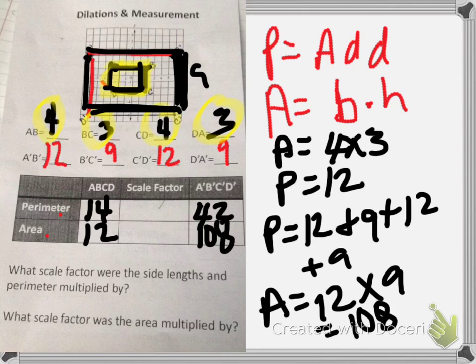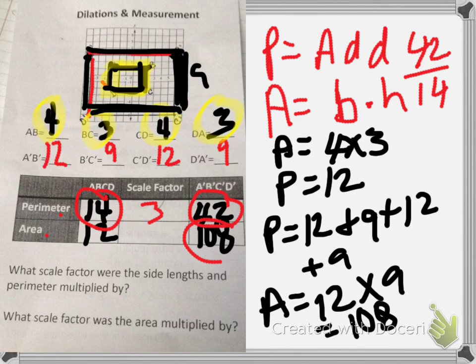Now to get the scale factor, you always take the new and you divide it by the original. So 42 divided by 14 equals 3. Then 108 divided by 12 equals 9. That gives me my scale factor. The scale factor for the perimeter is 3.